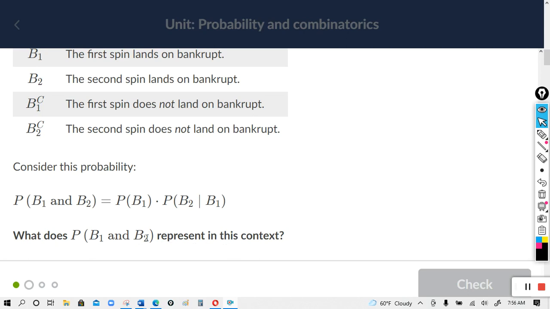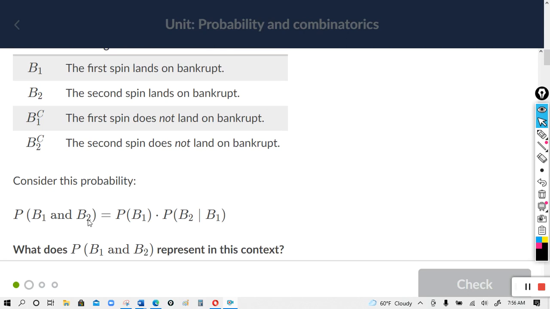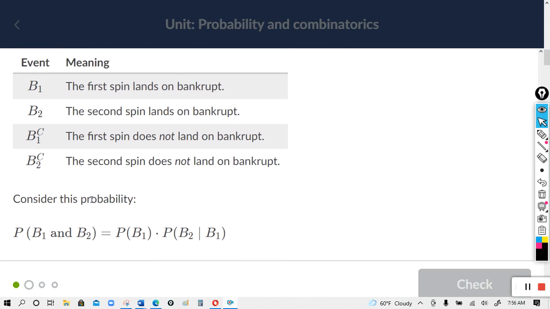Probability of B1 and B2, I would interpret that as, here's B1, the first spin lands on bankrupt, and the second spin lands on bankrupt, right? Because there's an "and" right there. So I interpret this as the first and second spin lands on bankrupt.